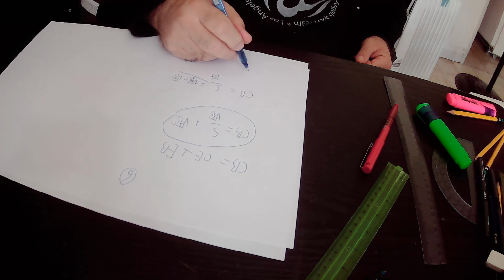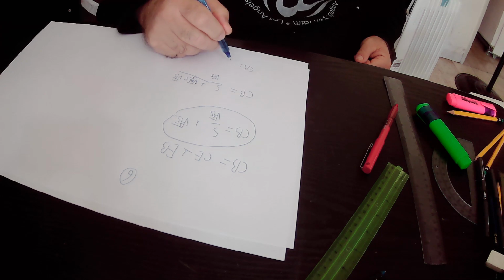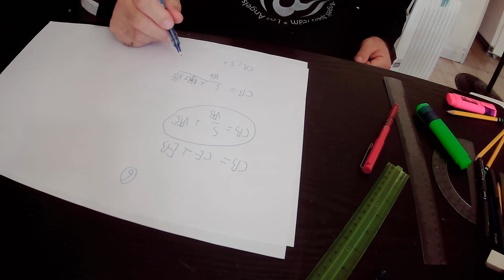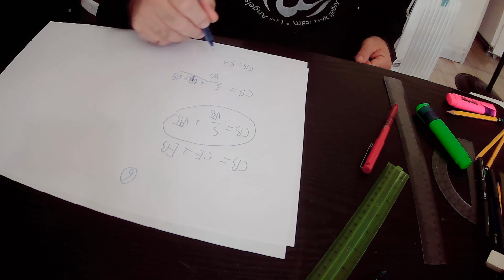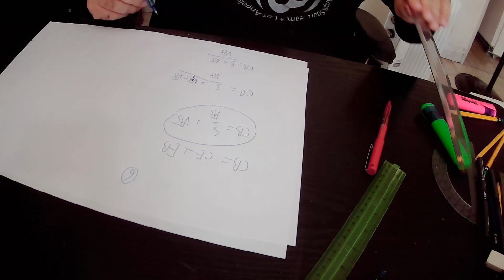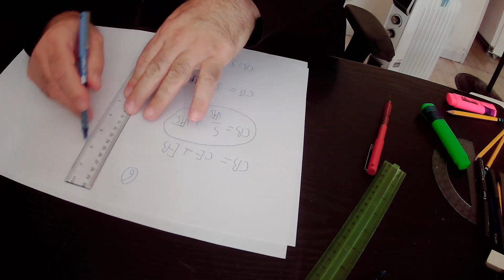So we found that CB equals 5 plus square root of 15 times square root of 15, which is 15, in the denominator we have square root of 15. In conclusion, CB equals 5 plus 15 over square root of 15.